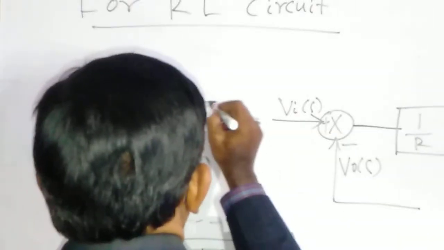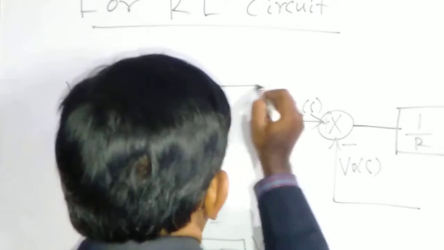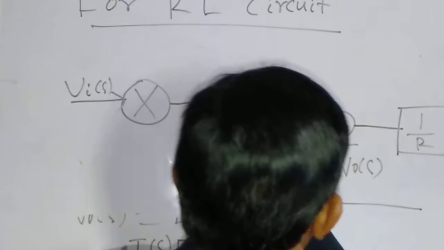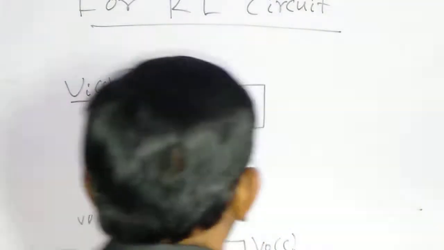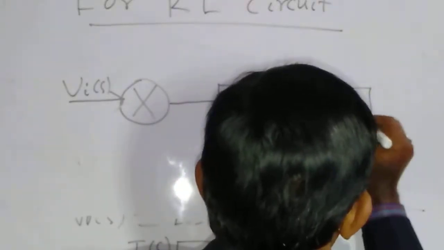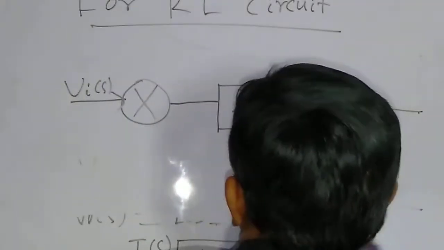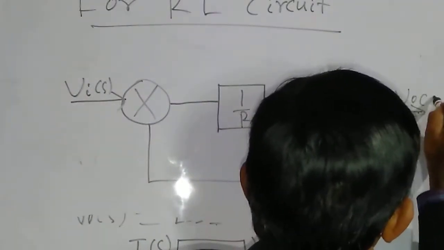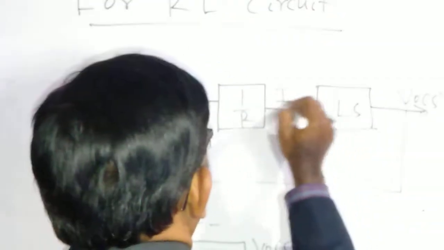This is Vi of s, this is 1 by R, Ls, this is V naught of s and this is I of s.